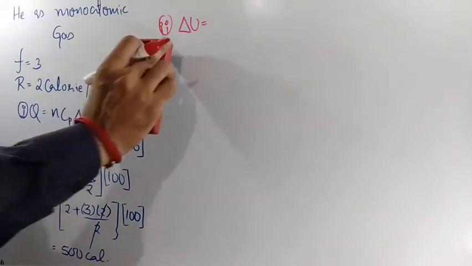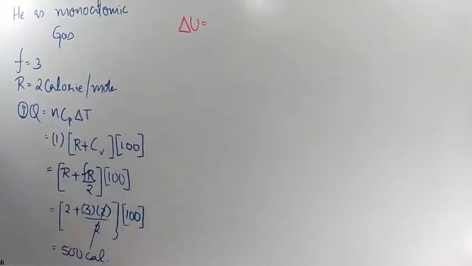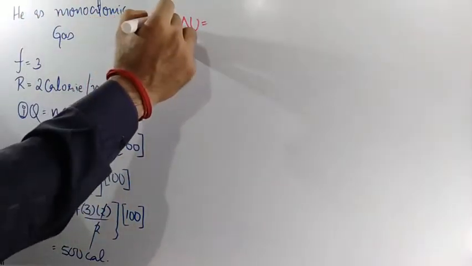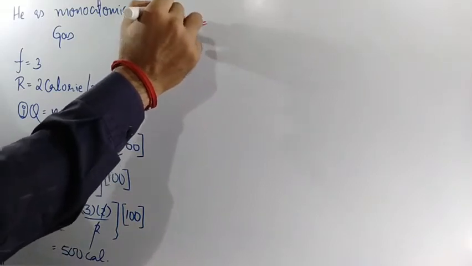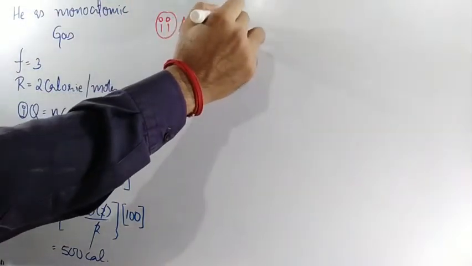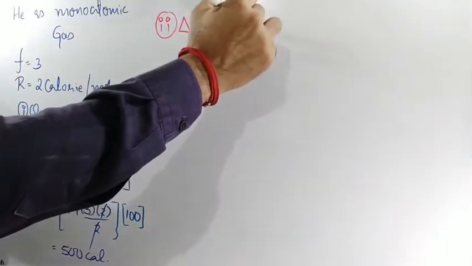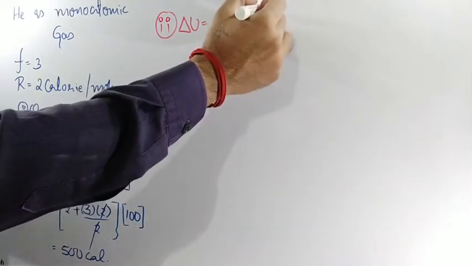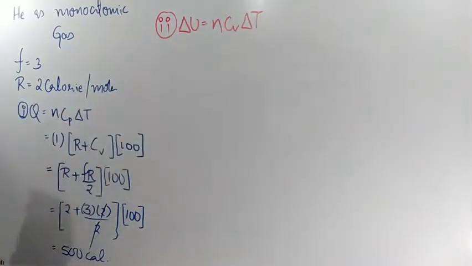Just try to recall. The formula for delta U, change in internal energy, is nCv delta T. Clear?